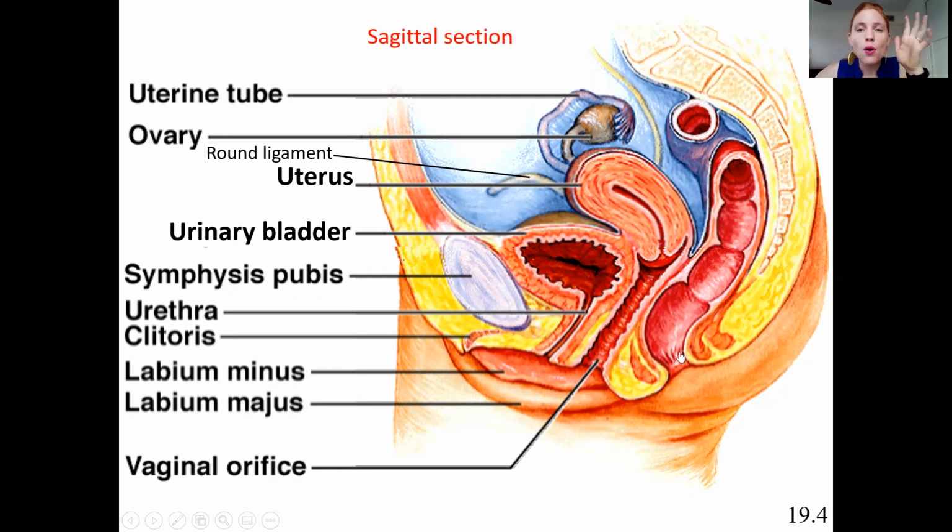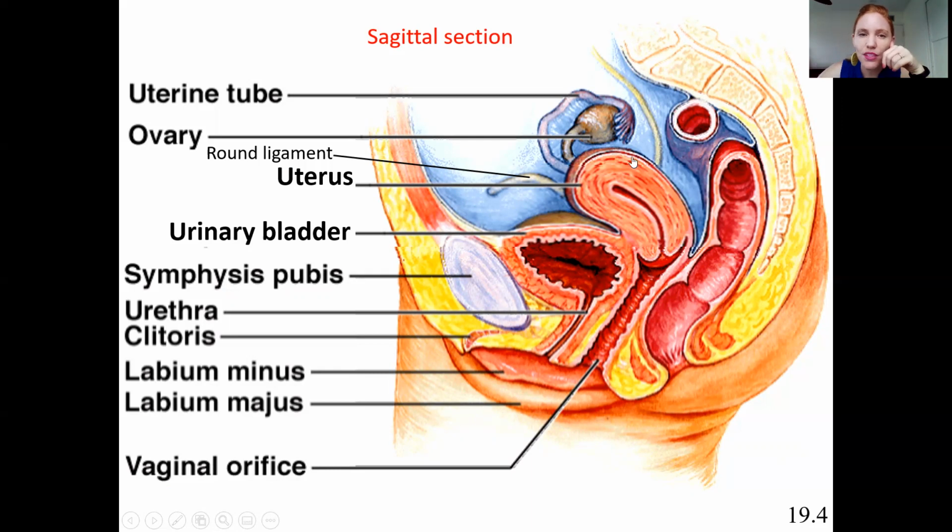I do like to point out, because this is a common source of error for lab practicals, notice that the smaller one with the thinner wall underneath is the urinary bladder. And then sitting on top of it is the uterus.